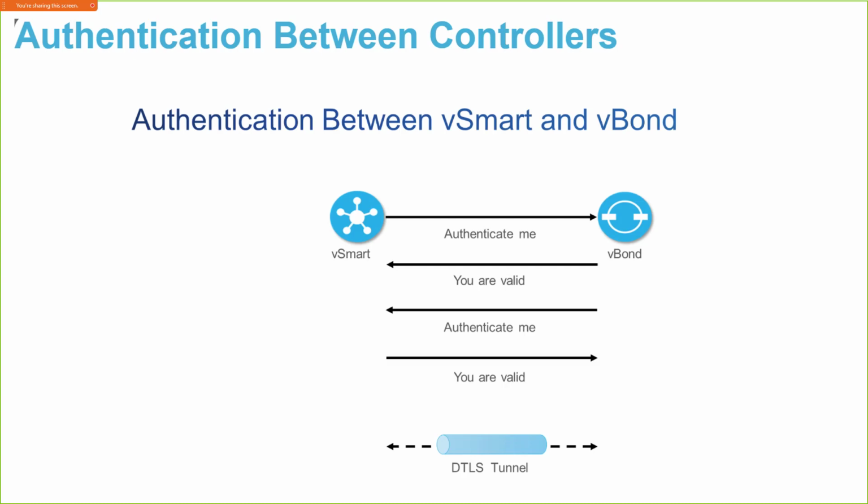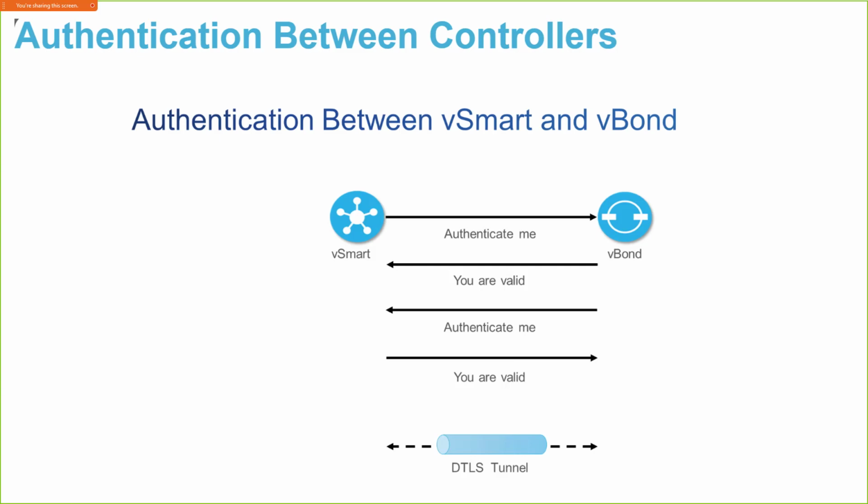When a vSmart controller comes up, the first thing it does is initiate a connection to the vBond orchestrator. And that's how the vBond orchestrator learns about the controller itself. Remember, the vEdge devices are going to do the same thing. The vEdge device and the vSmart controller are the ones that ultimately need to talk to each other.